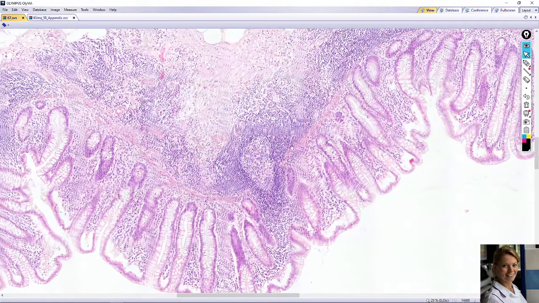Here you can see muscularis mucosae here, and lymphatic nodules with germinative center, and these nodules are in lamina propria, in mucosa, and also in submucosa. And the muscularis mucosae is not continuous because of lymphatic nodules.